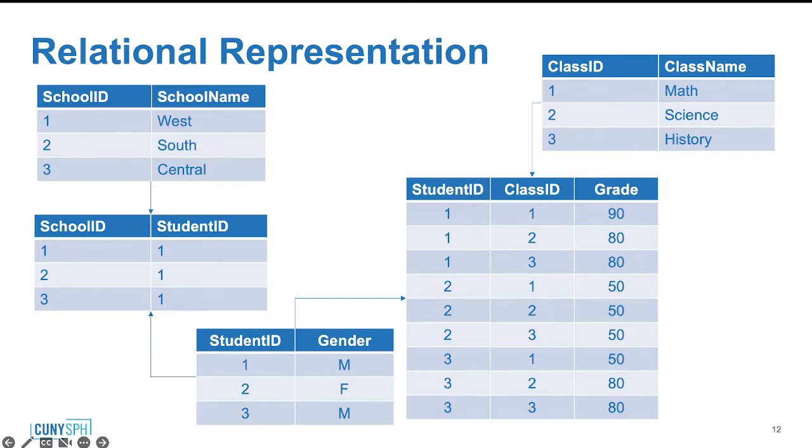We don't need to repeat the gender of the student in every single observation in a table, or the school name where the student is attending. Then we can simplify in some way the data representation in this relational format. It's the way that usually we think about databases and computers, but it's not the only way.